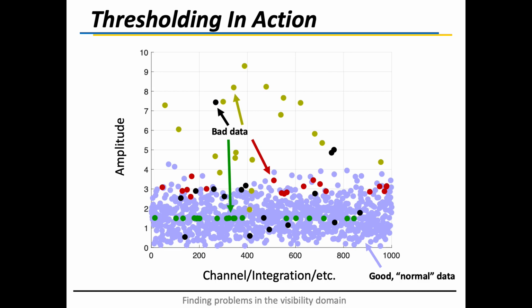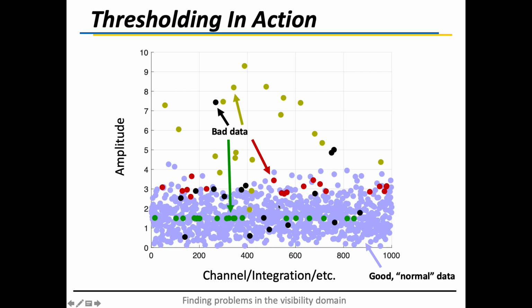But you can see actually that these 4 different problems pop up in different areas in the kind of amplitude distribution that's here. So clearly the stuff that's in green, you wouldn't necessarily know that there's a problem there because it's definitely mixed in with all the good blue data that's there. There are definitely a lot of yellow points that are up here that are clearly kind of the highest amplitude points that really stick out.